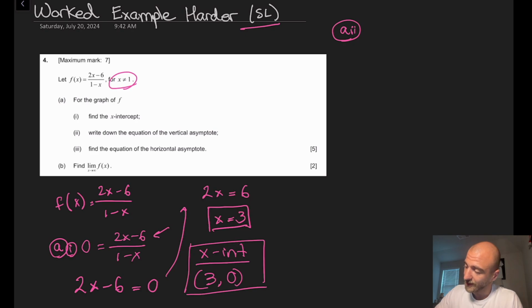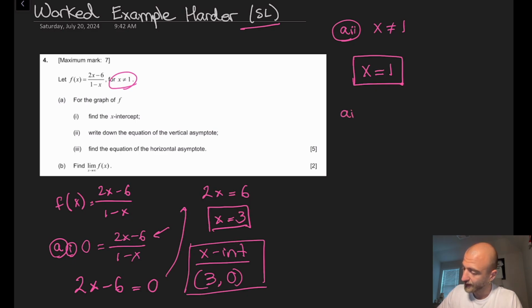The domain for this function is all real values of x except for when x is equal to 1, because that's when the denominator goes to 0. Super simple. The equation for the vertical asymptote is literally just x equals 1, when that x value is off limits. That's it.